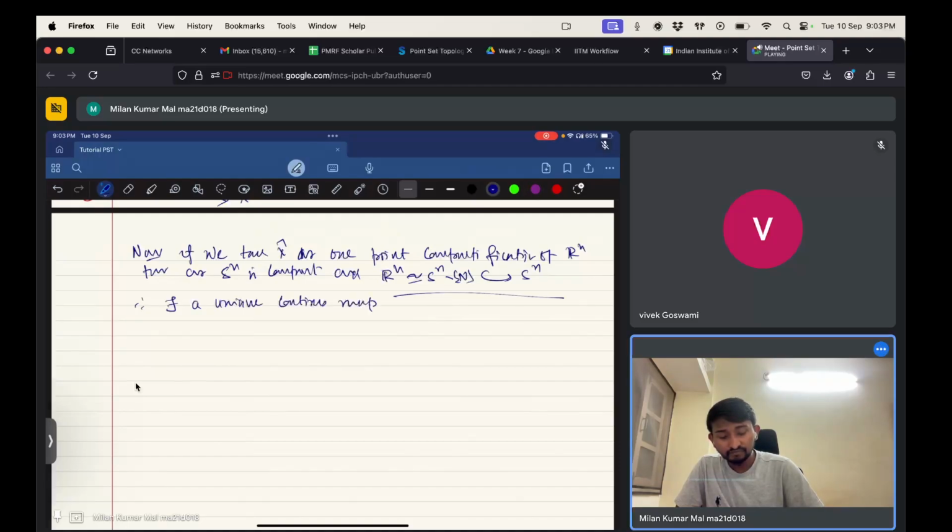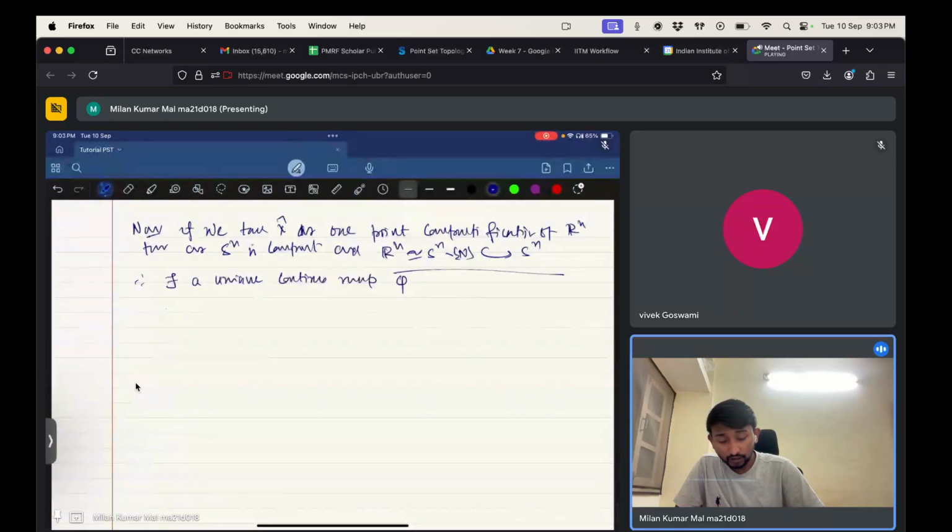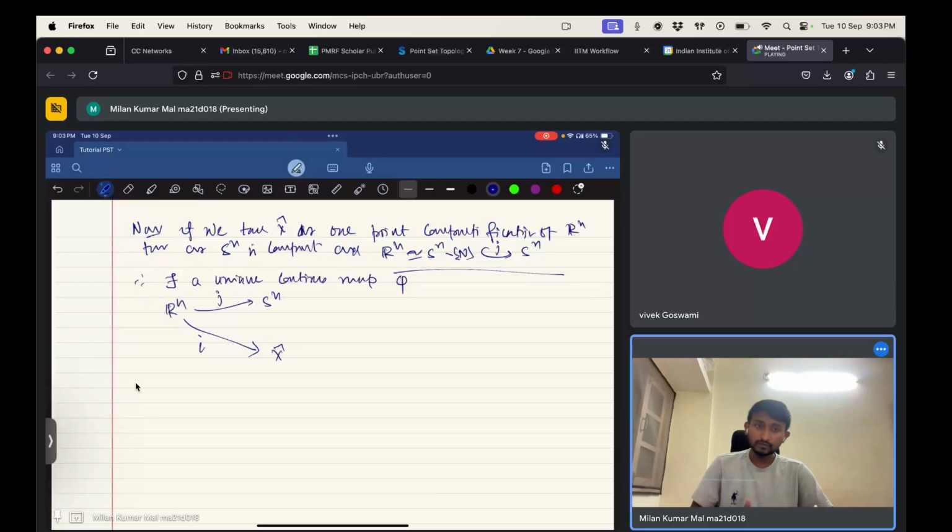continuous map phi. How will it exist? R^n has the one point compactification, and Sn is here, with the inclusion J. So I can map R^n to Sn. Basically, the main point is that if we remove a single point from Sn, that gives R^n.